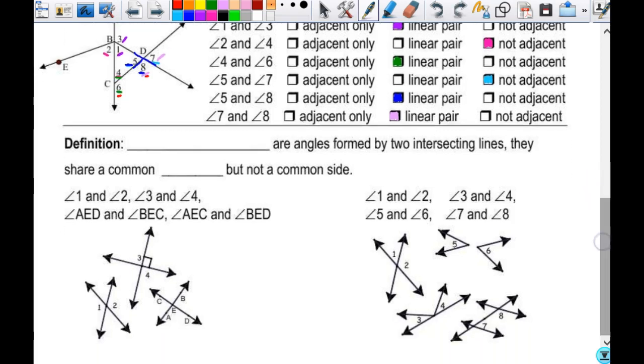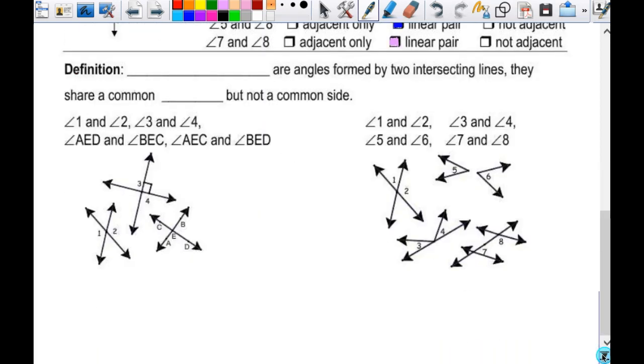All right, so now we have some angles that are formed by 2 intersecting lines. It looks like this, right? 2 intersecting lines, like an X. Okay? These are called vertical angles.